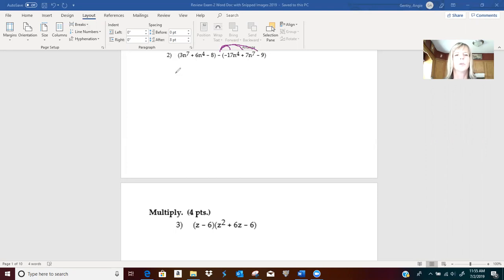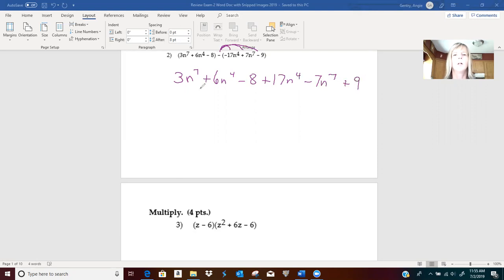Put one extra step in, don't try to combine these all at once, and distribute the negative sign. Negative times negative is positive. Negative times positive is negative. And negative times negative is positive.